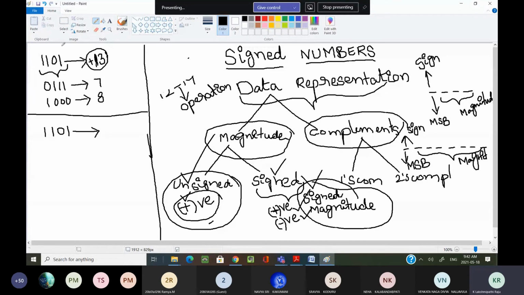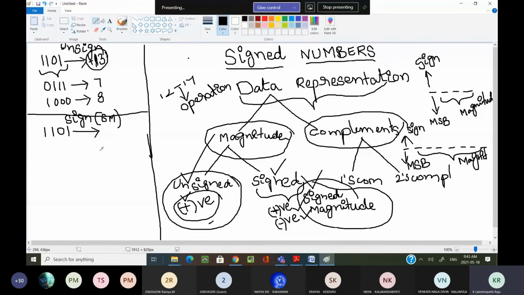For your understanding, I am writing it as unsigned. Here I am considering these as unsigned numbers, not concentrating on sign. Here I am considering it as signed numbers. Signed numbers we represent in one representation, that is sign magnitude representation.